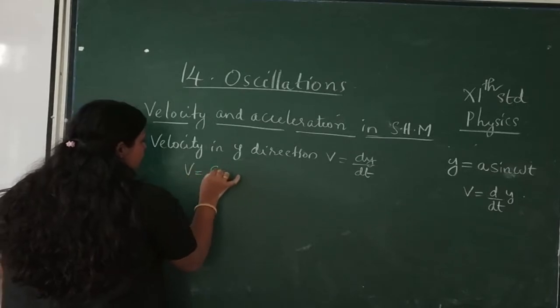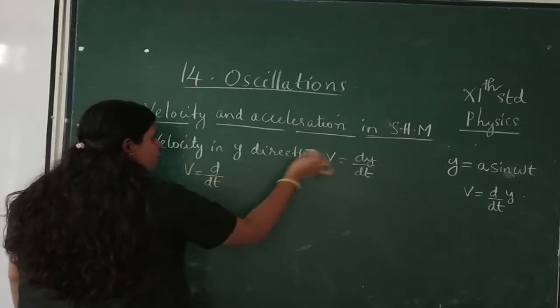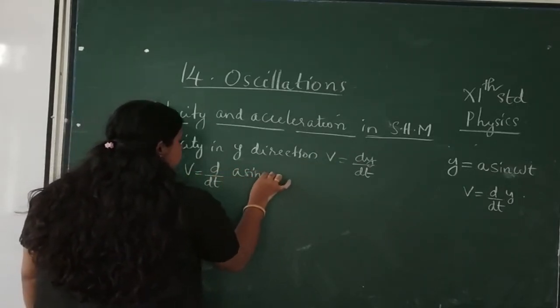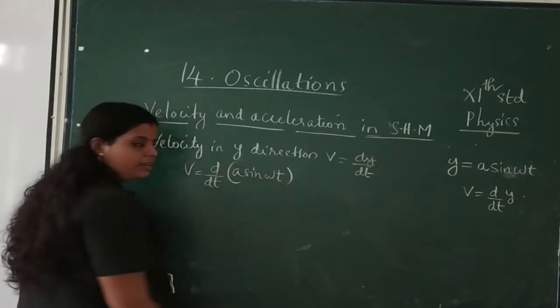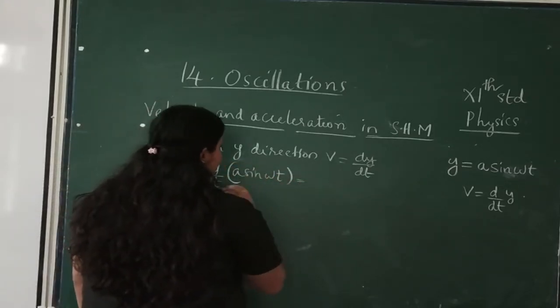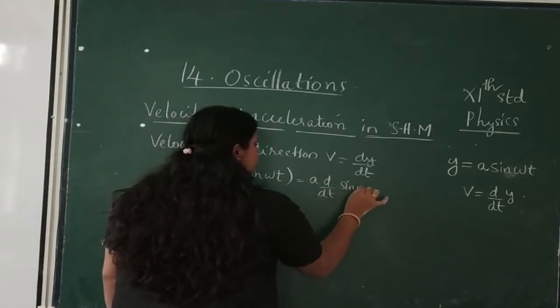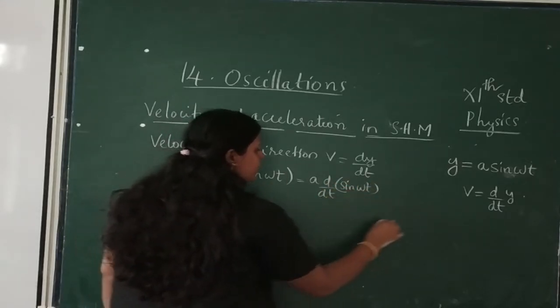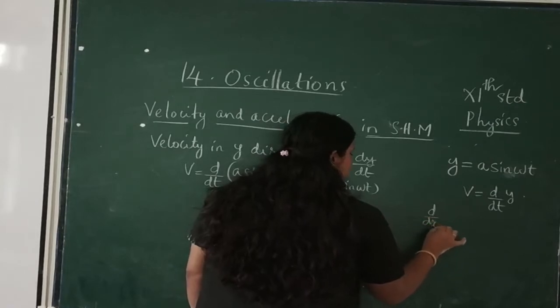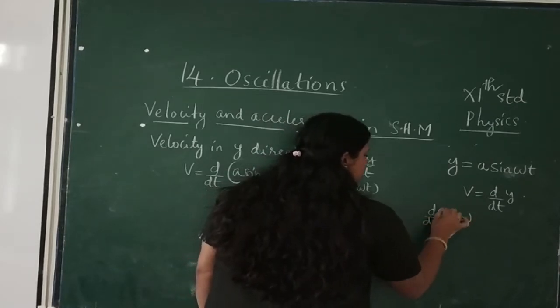So v is equal to d by dt of what is y? That is a sin omega t. Clear? That is equal to, here the constant is a, so a into d by dt of sin omega t. Listen children, d by dx of sin x is equal to cos x.